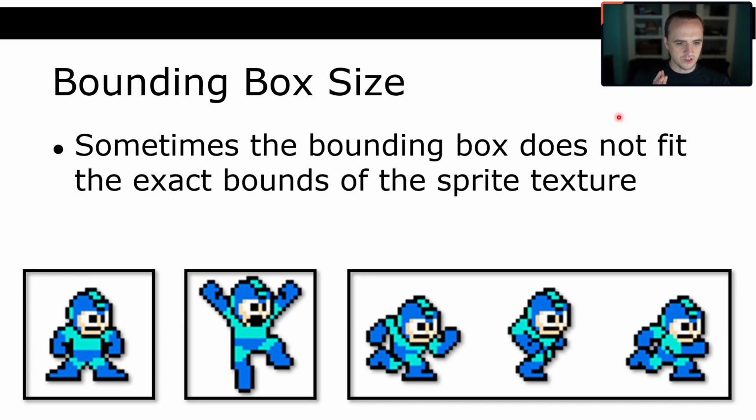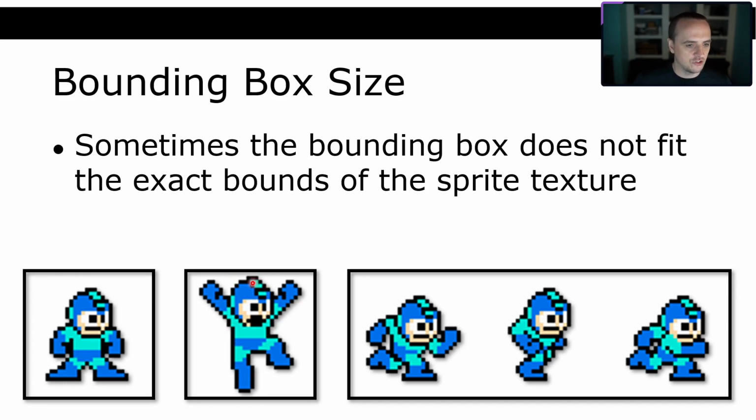So all of our sprites that we want to show in the game are going to have the exact same storage size for the texture that displays them. However, if we want a big range of motion of animation for that type of sprite, then sometimes, for example here on the left, when Mega Man is just standing still, he's going to have a drastically different size either horizontally or vertically than when he's doing something like jumping.